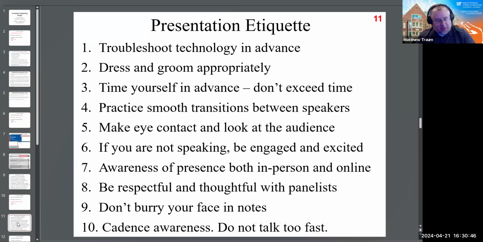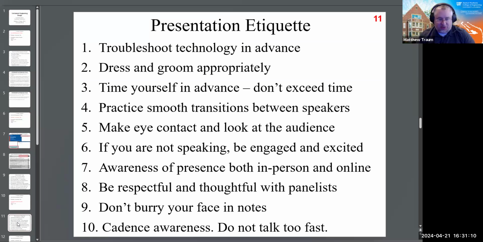Number 7, I've said this before, but I'll mention it again. Be aware of your presence both in person and online. You have to please both audiences, both the panelists in the room in front of you and those on Zoom. So just be aware of what's going on around you. Look at the camera projection every now and again to make sure that you are actually in the frame.